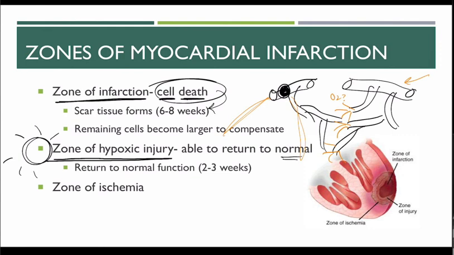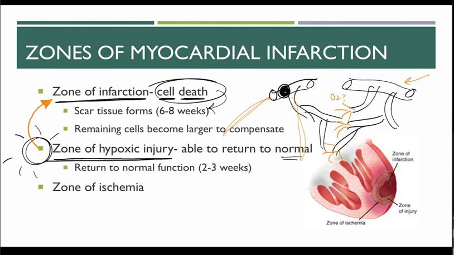Now, an important thing about these zones is that they are not static, right? And that's what I was hinting at with hypoxic injury. If a cell is hypoxic for too long, it will transition into irreversible cell death. So the longer the person is experiencing the occlusion, the more their zone of hypoxic injury will transition into an infarcted zone.